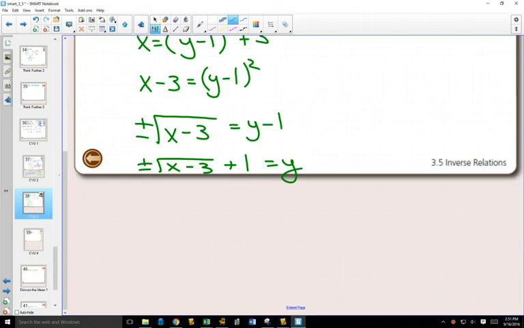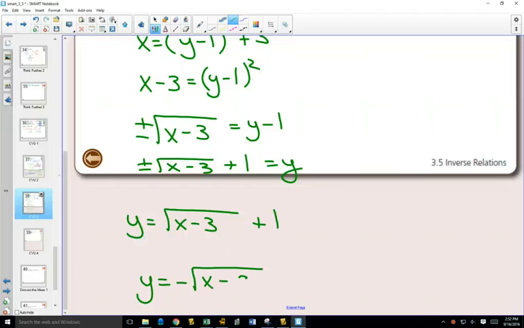So I have two equations. I have one equation where it's the positive square root of x minus 3 plus 1, and one equation where there's a minus in front. So we have to figure out which one goes with which.